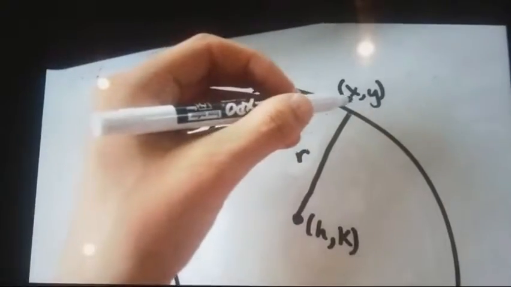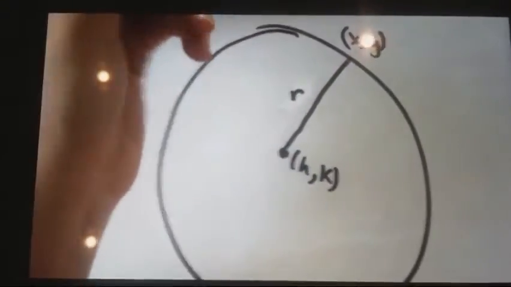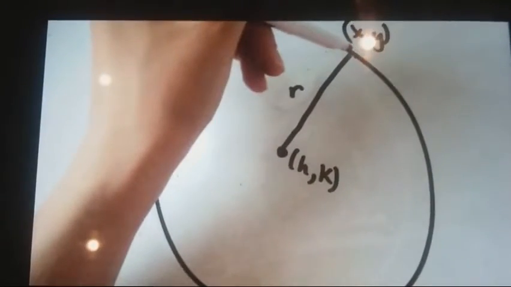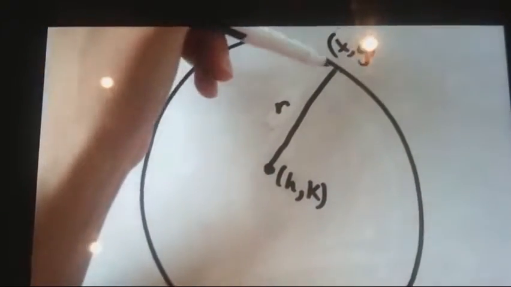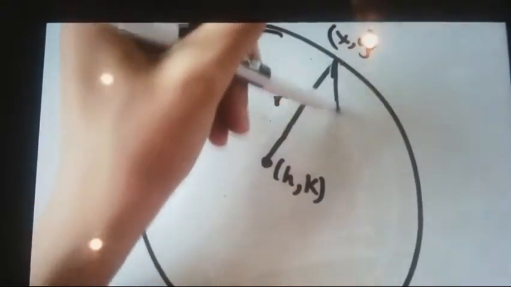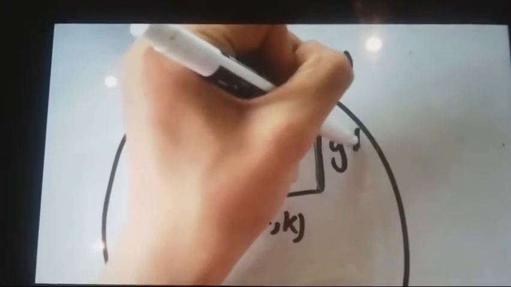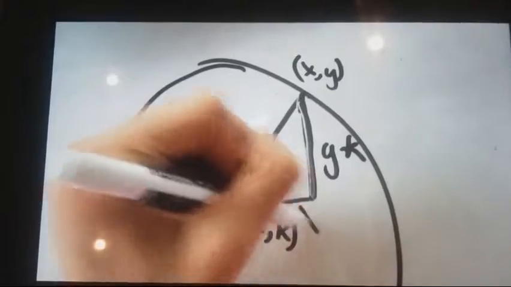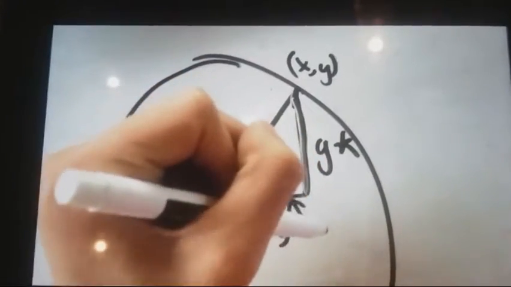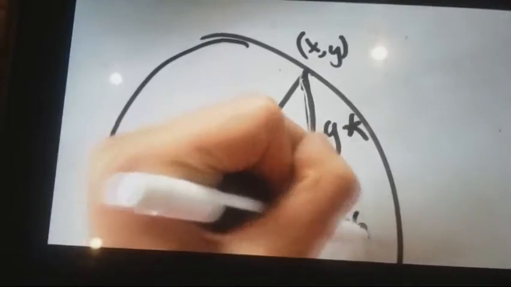So essentially, this is r, and this is the center, and this is where it meets the circle, which is (x, y). To find the radius, you take this line and this line. This line right here is y minus k, and this one right here is x minus h.